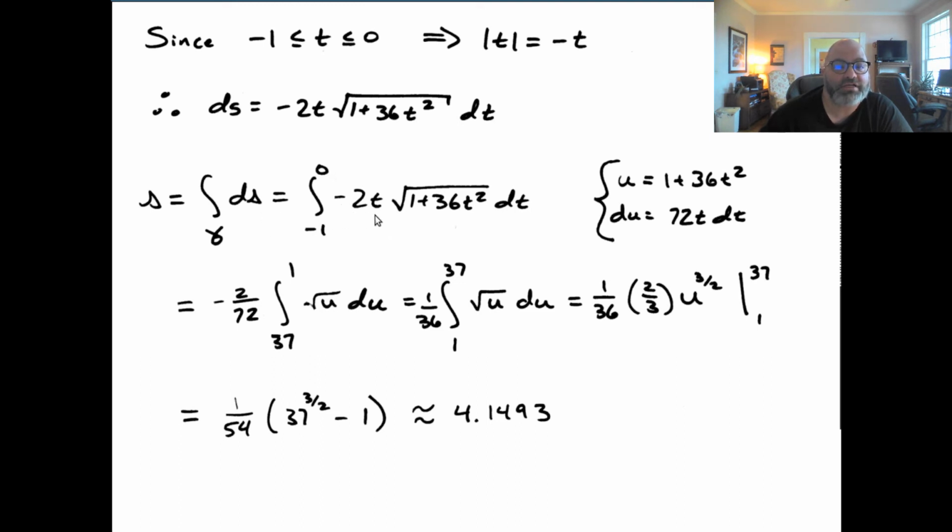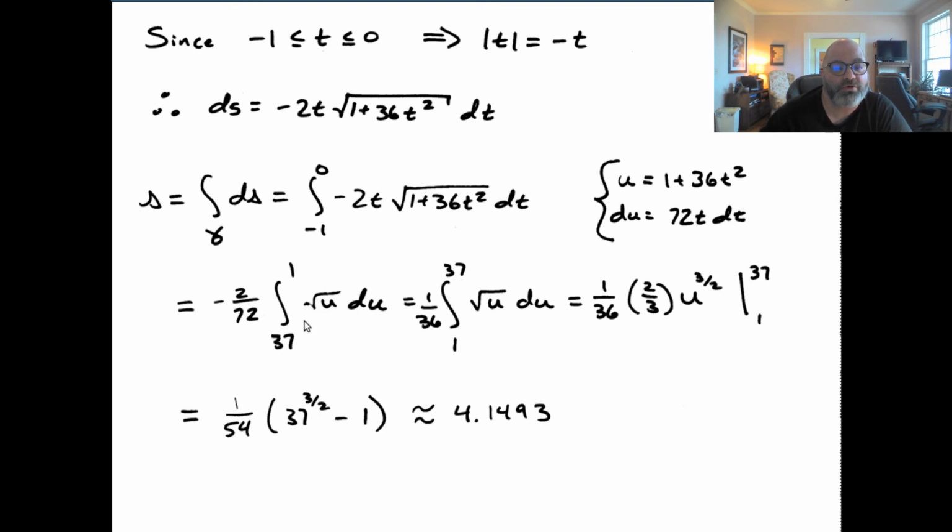And then our ds, which was negative 2t times the square root of 1 plus 36t squared, we then do a u substitution with u equal to 1 plus 36t squared. du becomes 72t dt. If we plug that in, we get an integral from 37 up to 1 of the square root of u du, with a factor in front.